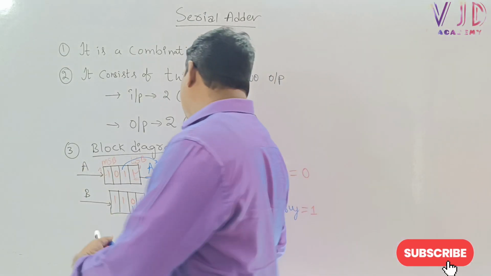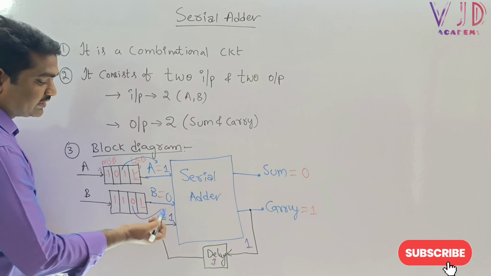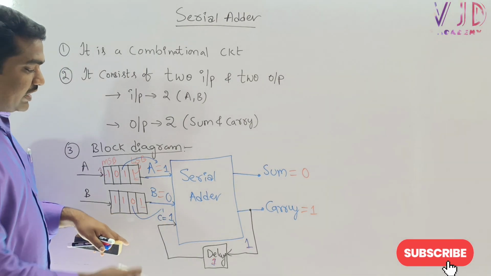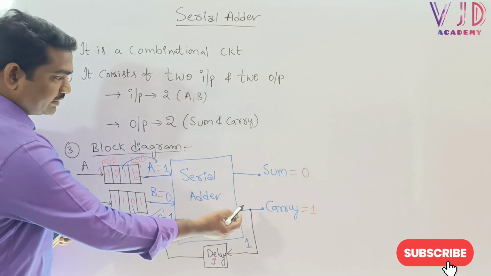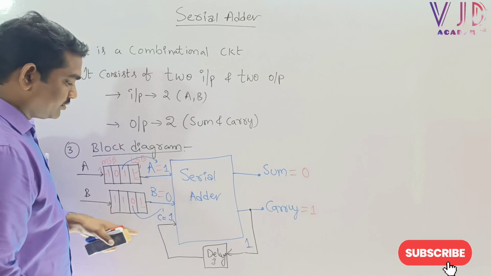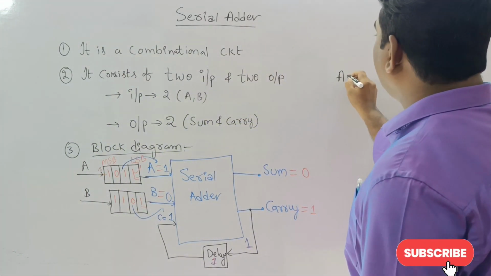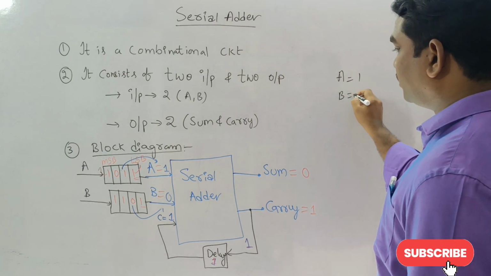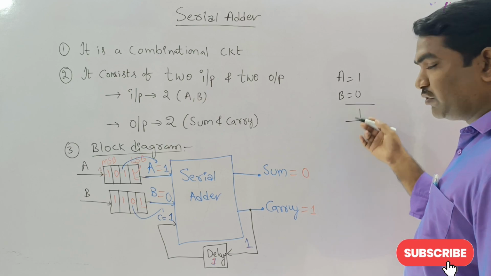So here A equal to 1, B equal to 0, and C equal to 1, so that this addition may go. The moment we apply it, the carry feedback is here. Now A equal to 1, B equal to 0, C equal to 1. Can you please tell me, A equal to 1 and B equal to 0, the addition will be 1, the output is 0? There is no carry here.